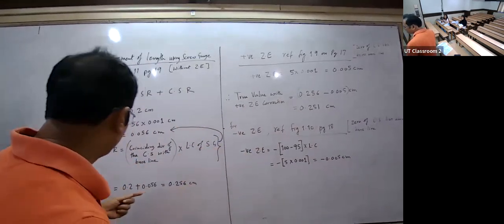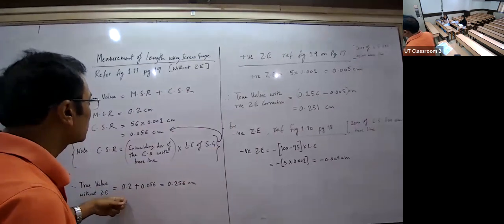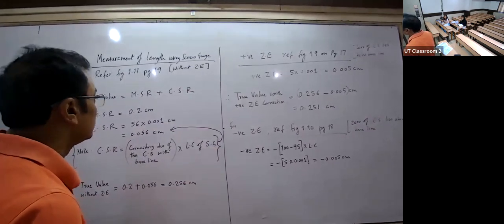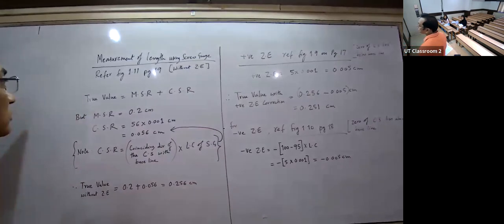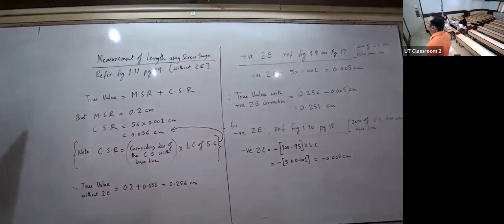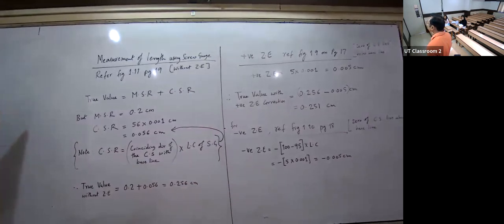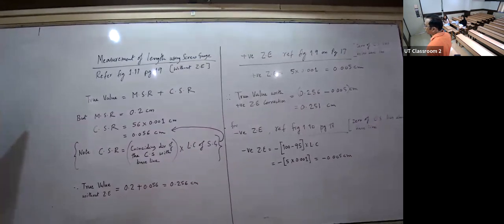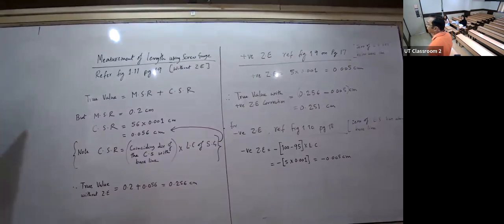Now subtract from the original value. Original value, true value was how much? Where is the true value now? This is the true value.